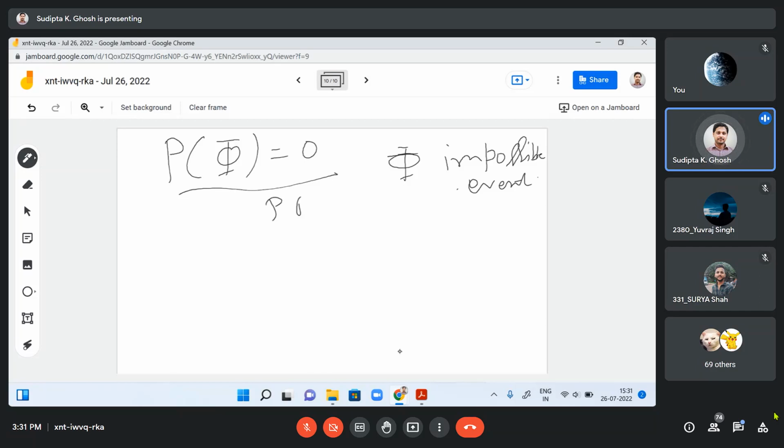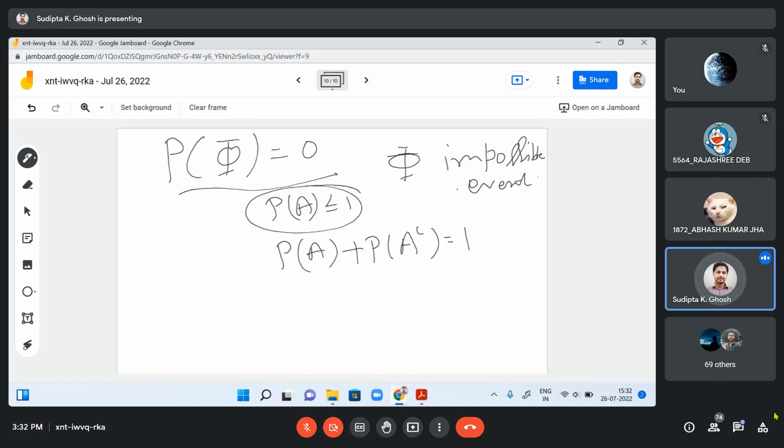How to show the probability of any event is less than or equal to 1? Probability of A is less than or equal to 1. Whenever I studied the complementary event, did I mention this line? Probability of A plus probability of A complement is equal to 1. And in the first axiom, I mentioned that for any event, the probability is always greater than or equal to 0.